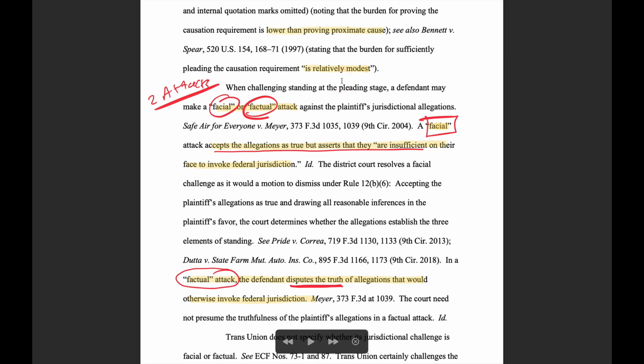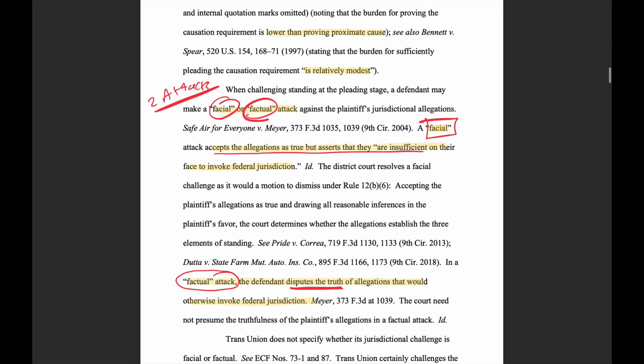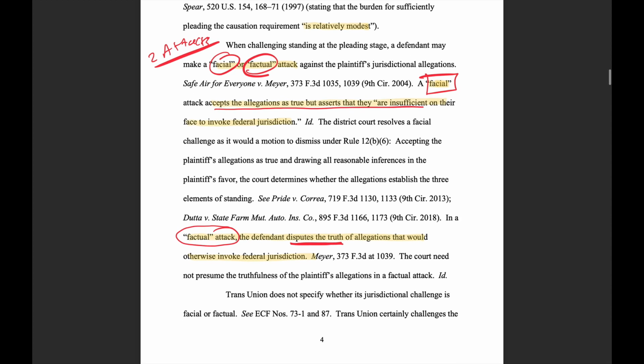And the third element, redressability, I think in a footnote or later on it says, wasn't attacked and it clearly can be redressed by awarding damages. Okay, so there's two types of attacks. And again, I don't normally do this on these types of cases, but I do want to just this one time, and maybe we'll do it again in 6 months, go over this standing issue. So two ways to attack standing.